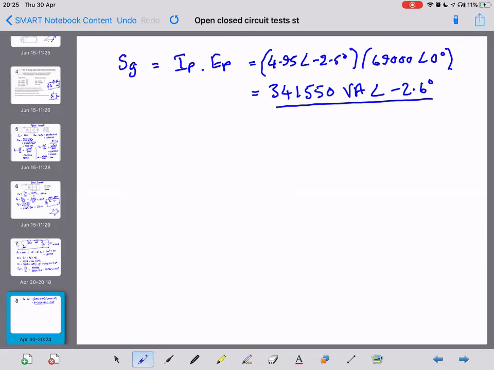Now, one little tip: if you want the active power, the watts, from that, convert it to rectangular.